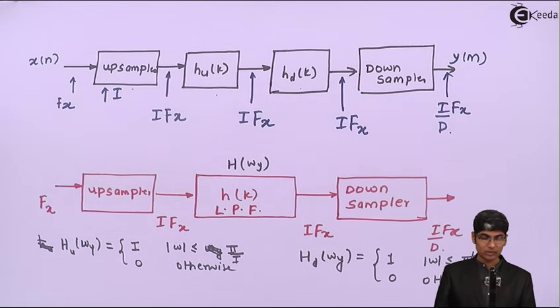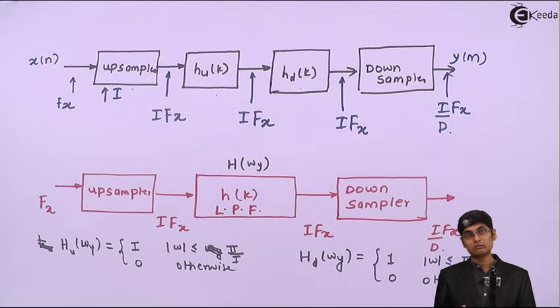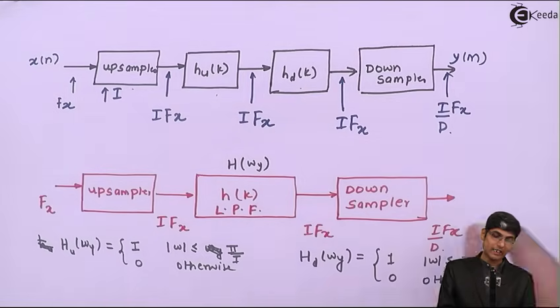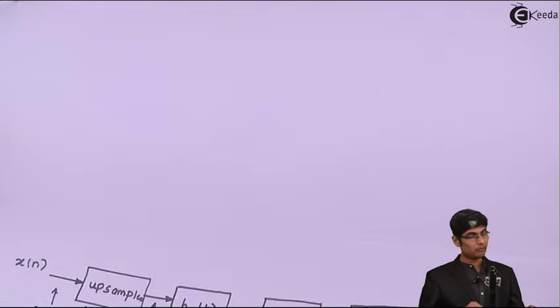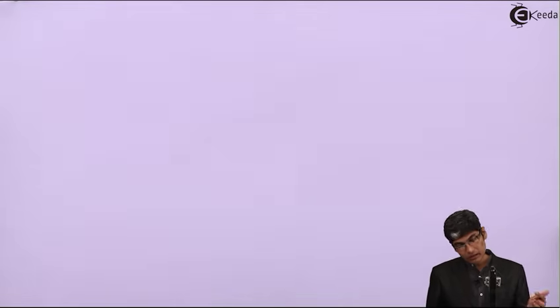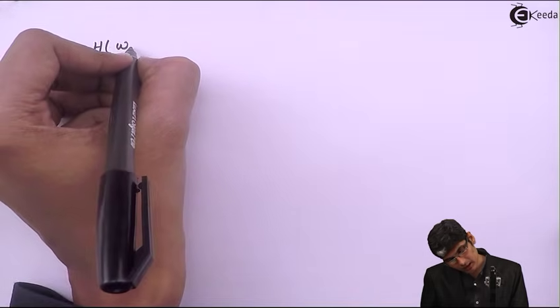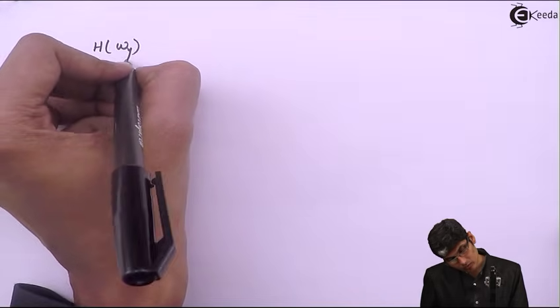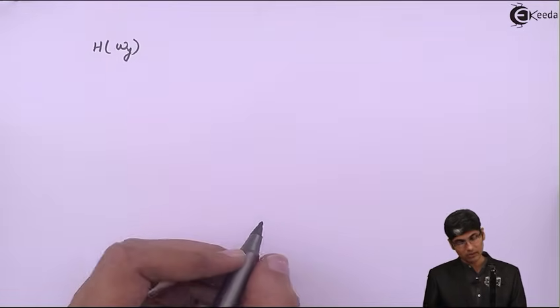The combined filter should provide anti-imaging and anti-aliasing both. Okay, so it should act like an anti-imaging filter and an anti-aliasing filter also. Then how will it operate in both domains, let us see. So my h of, let's say, omega y, I say y because it's changing its domain.